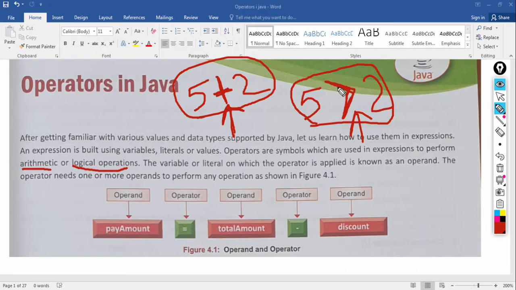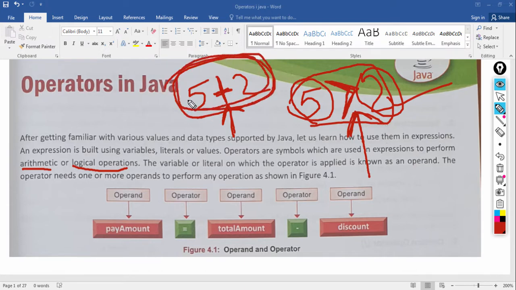It denotes that 5 is greater than 2, isn't it? This is something logical. That is why the operator used here is a logical operator and it is known as a logical expression, whereas this is an arithmetic expression.